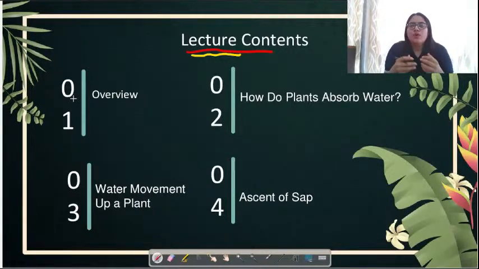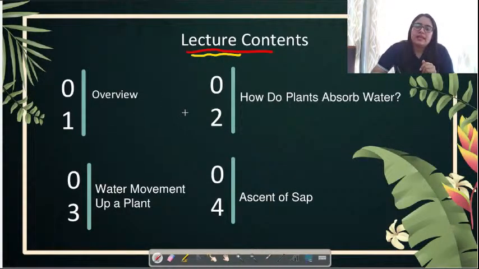So I will give you a brief explanation about what long distance transport is and why short distance transport wasn't enough to transport substances from root to the leaf or from leaf to distant organs like root.